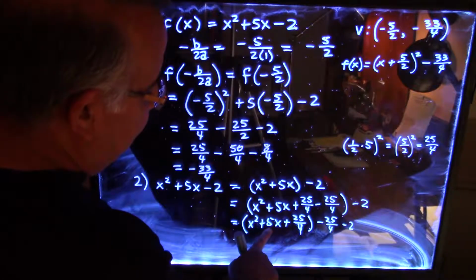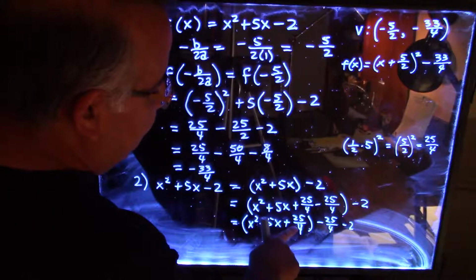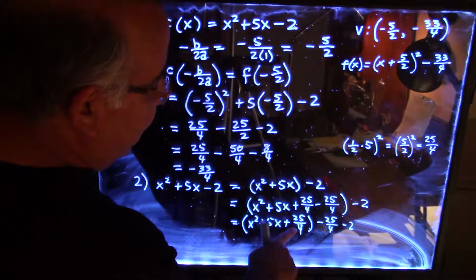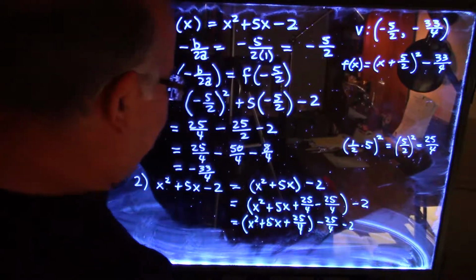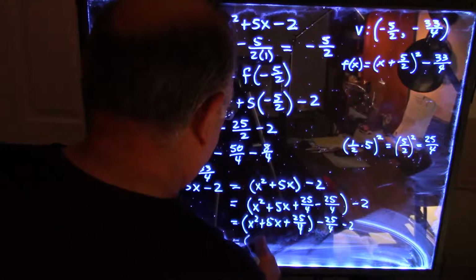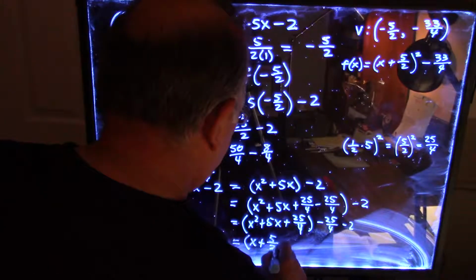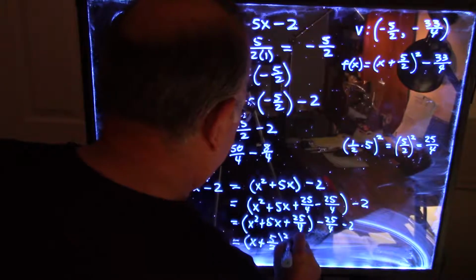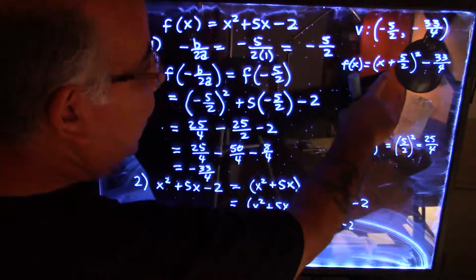You can either take half of this coefficient here, or you could take the square root of that. That's also 5 over 2. However you want to remember that. So this is x plus 5 over 2 quantity squared. Hey, look at this. Where were we? Up here. There you go.